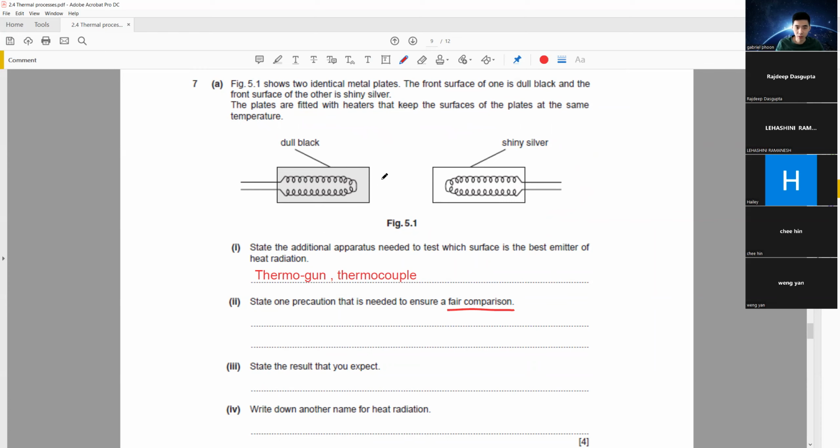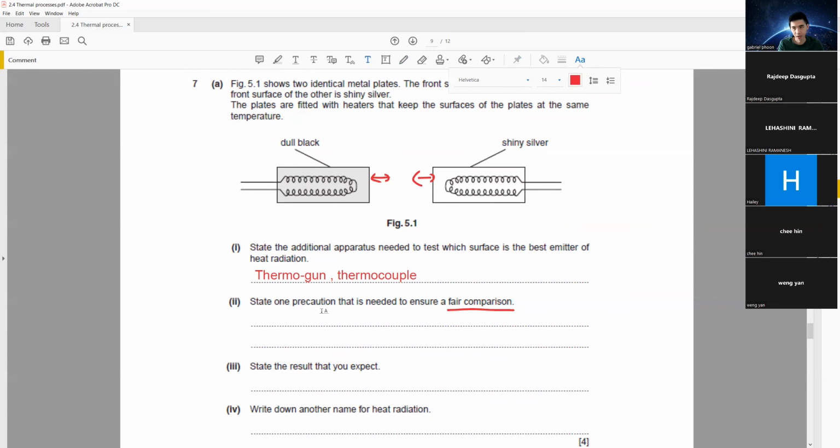If I'm measuring this with a thermal gun 5 cm away, I must measure this thing with the same thermal gun, which is also the same distance, 5 cm away, guys. Then this way I'll ensure that it is a fair comparison for the experiment. So you can write down anything, right?